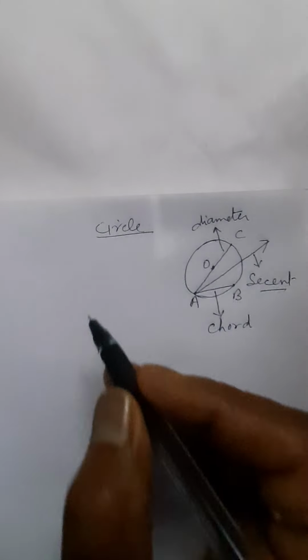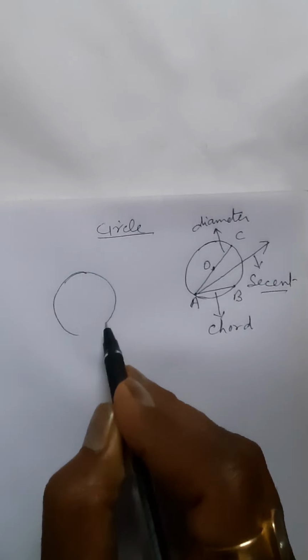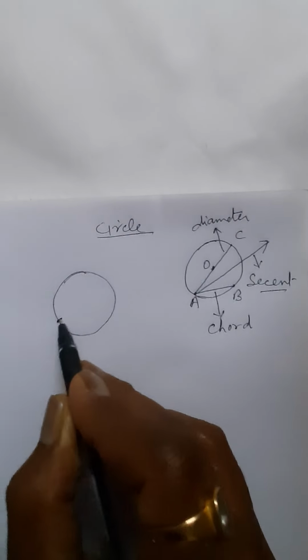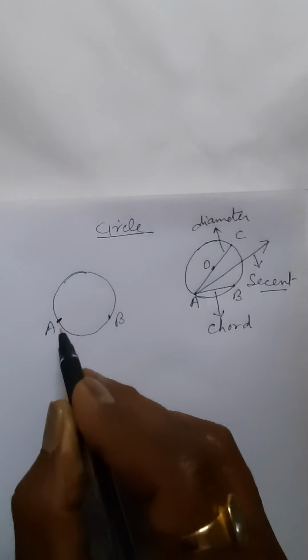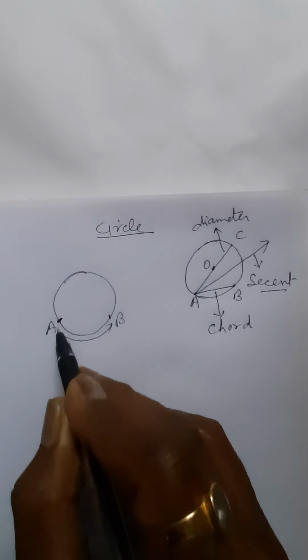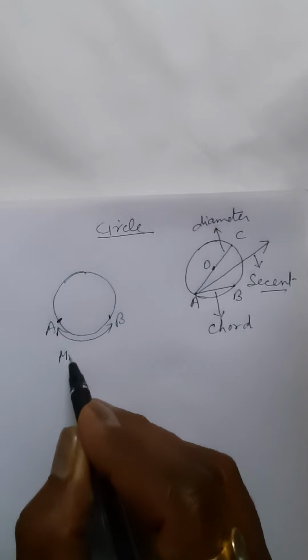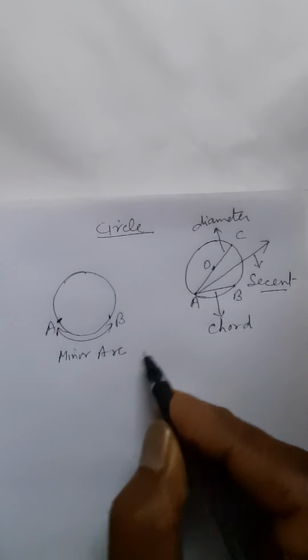Secondly, this point is A, this point is B. This arc is the minor arc.